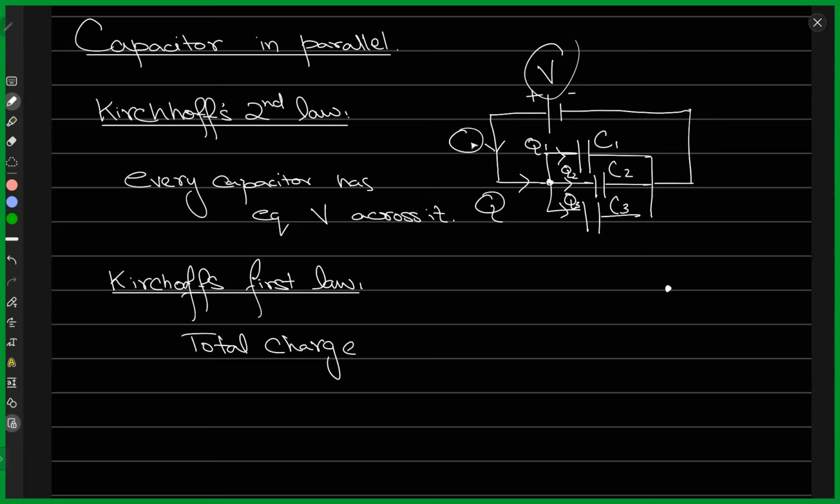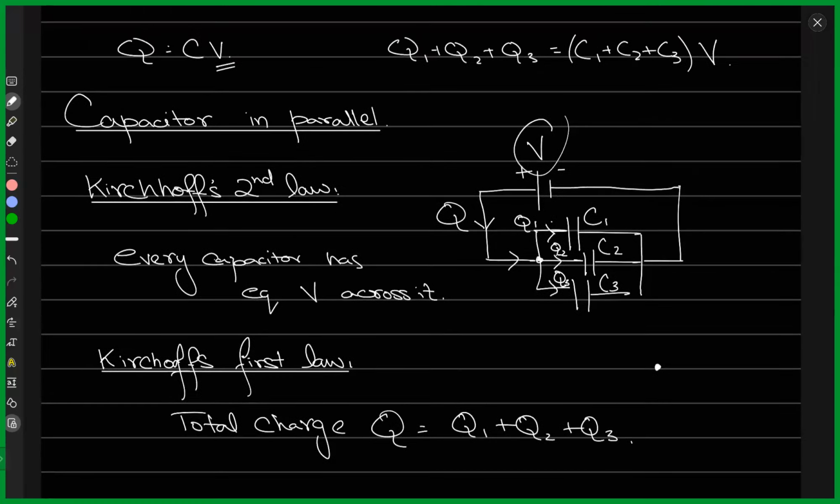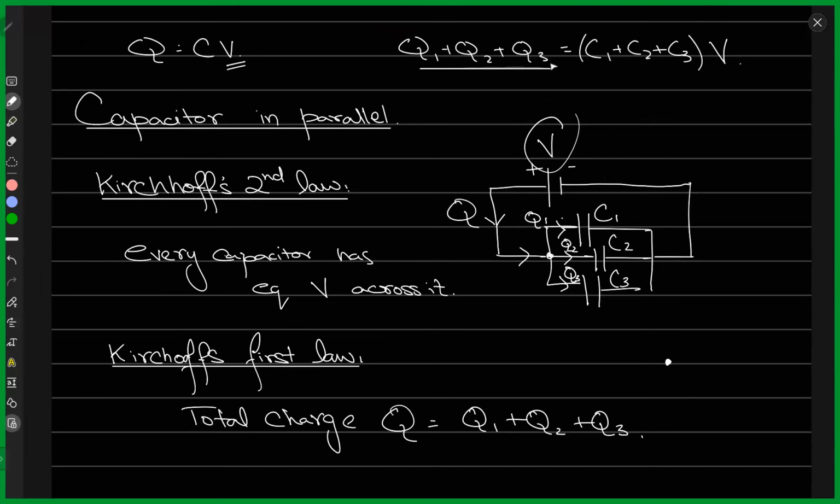So whatever charge, this charge Q that I'll write over here, started to flow from the battery is equal to the sum of Q1 plus Q2 plus Q3, because no charge is going to be lost. So total charge Q is just Q1 plus Q2 plus Q3. So this part is completely valid.